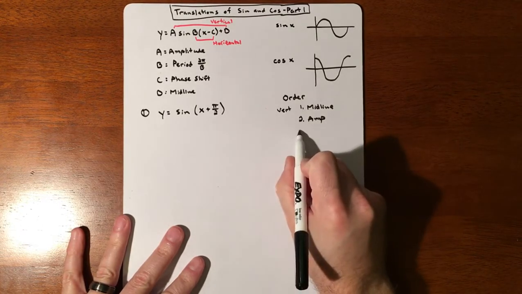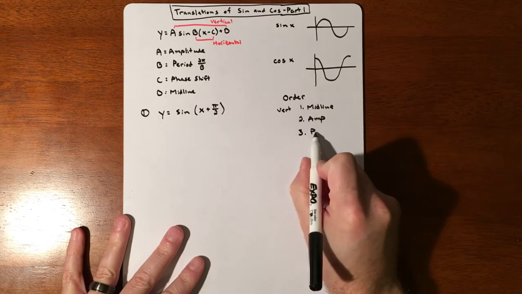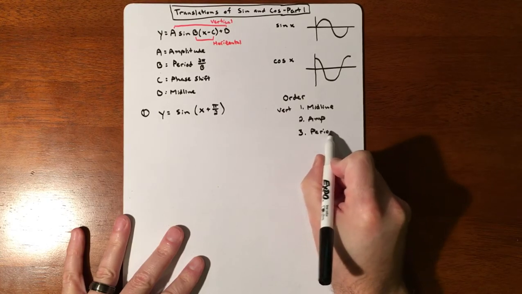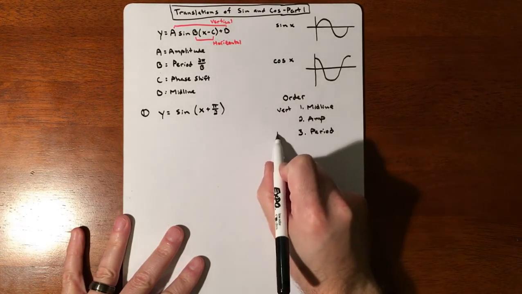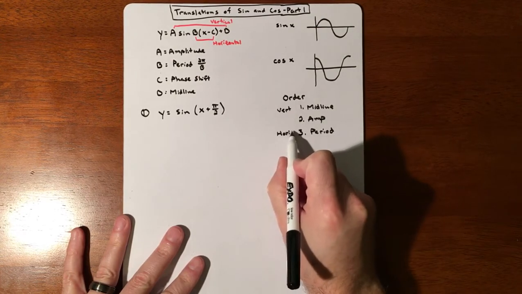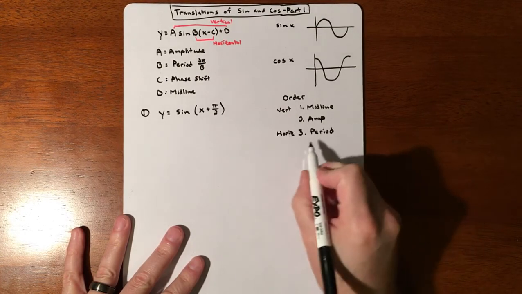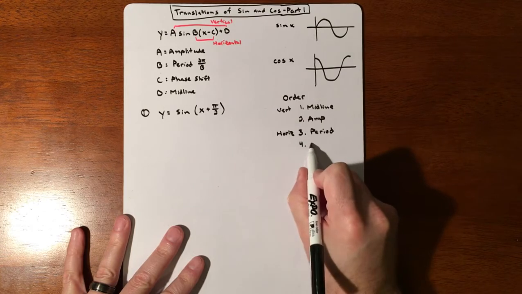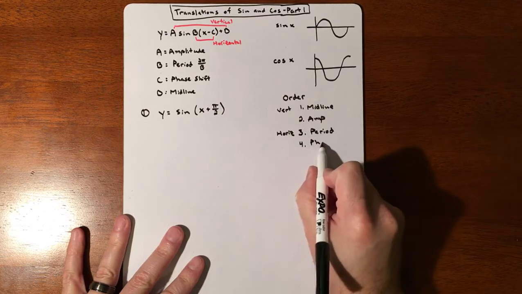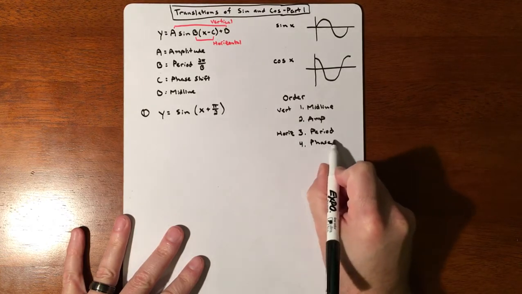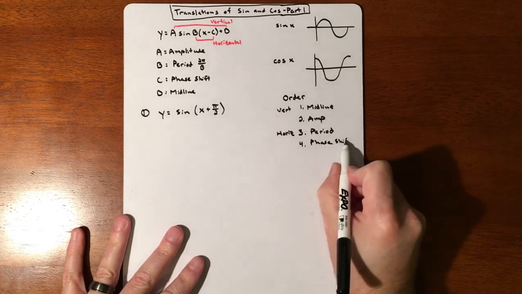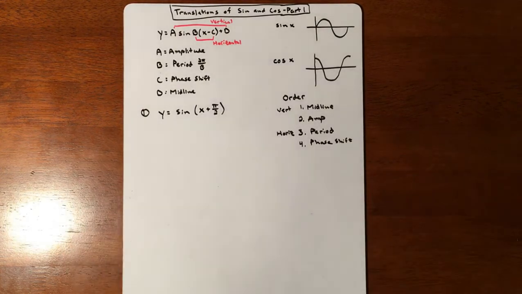Then I'll do any kind of a horizontal effect, which is my period, how far out we're talking about, and the last thing I'll take care of is the phase shift. Personally, this is how I go about doing it. There are lots of different ways to do this, but this is just me.